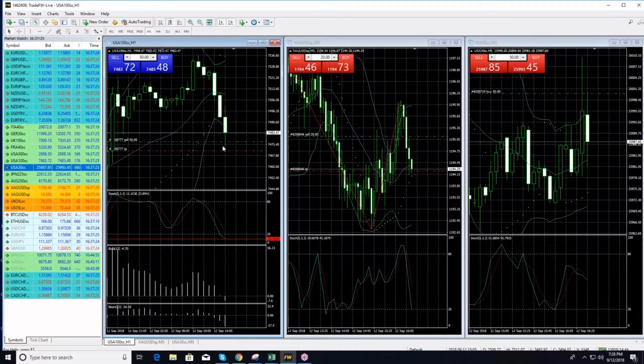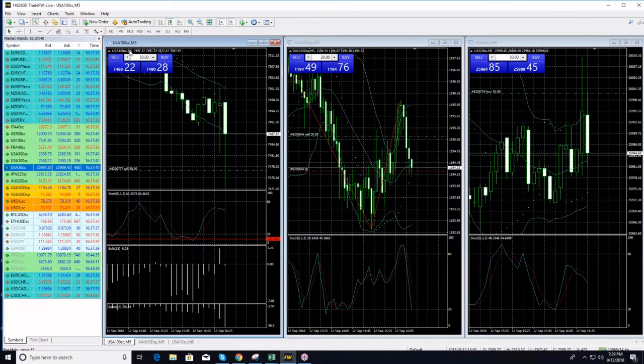Okay, we are aiming just $300 out of it. Our gold trade got stuck on this level. Guys, on USA 100, I'm going again short. I just increased my exposure.